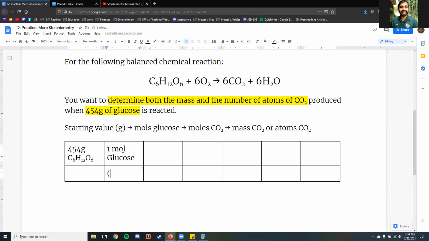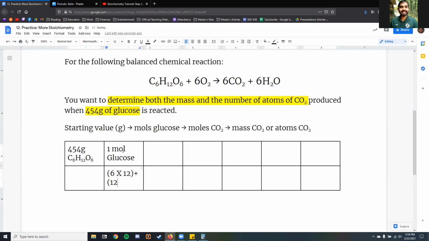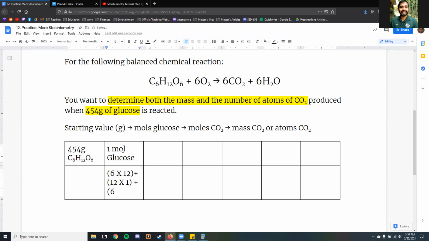We've got 6 carbons. Each of those weighs 12. We've got 12 hydrogens. Each of those weighs 1. And we've got 6 oxygens. Each of those weighs 16.